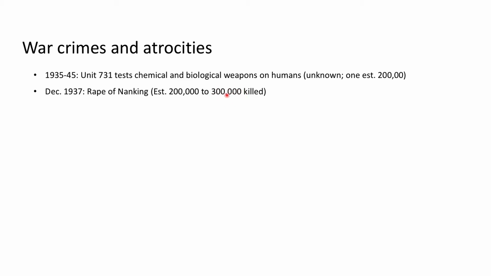These numbers come from the Tokyo War Crimes Tribunal, the trials that were held by the Allied powers after the war, and from war crimes trials that were held in China after the war. So these are, of course, on the higher end of the spectrum, but they are two estimates anyway.